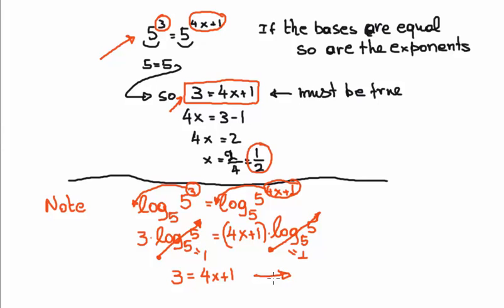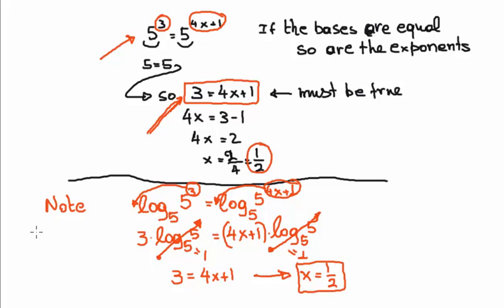If I solve this equation, that is the same equation that I solved before, I have that x is equal to 1/2. So you can see that we can solve an exponential equation either using the fact that if the bases are equal, the exponents are equal, or by taking the logarithm of both sides.